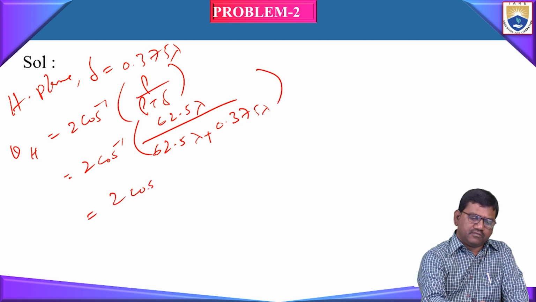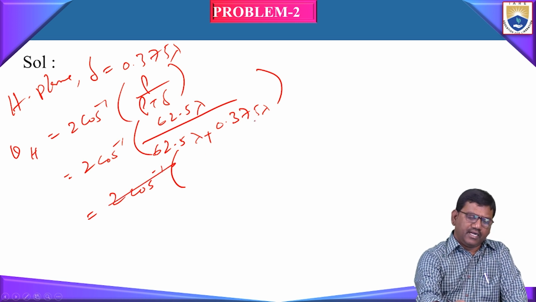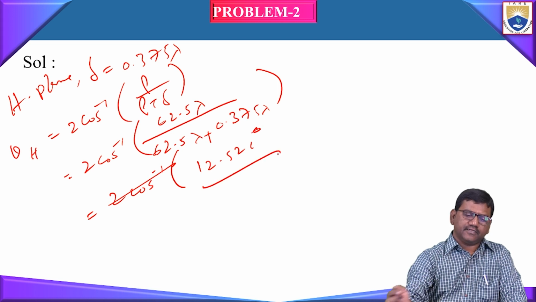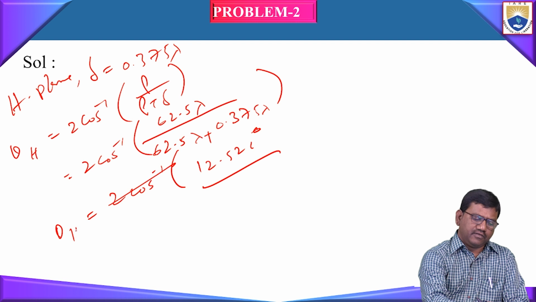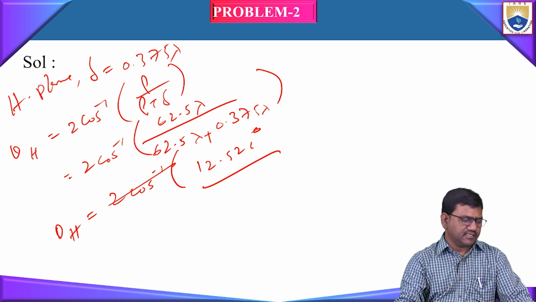Lambda gets cancelled, and you will get 12.521 degrees. This is the value of theta H. So we have simplified the values of theta E and theta H.